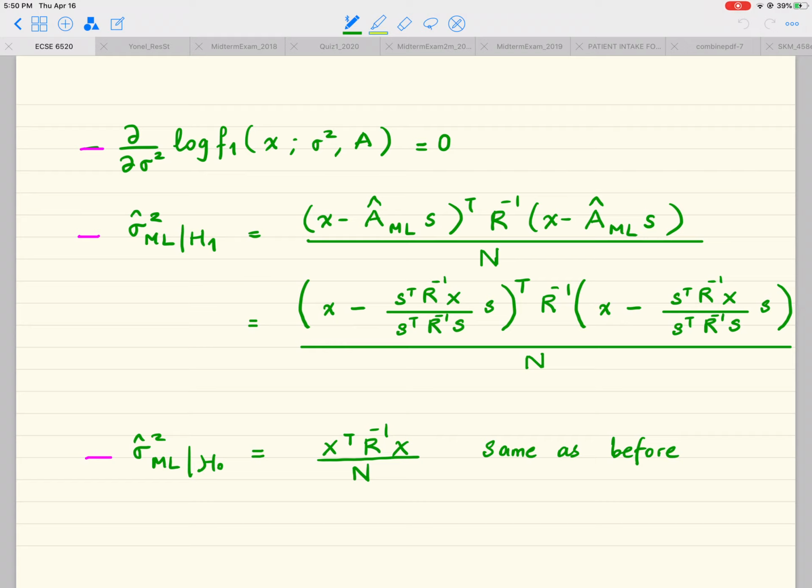Now next we estimate the variance of noise under the alternative and the null hypotheses.